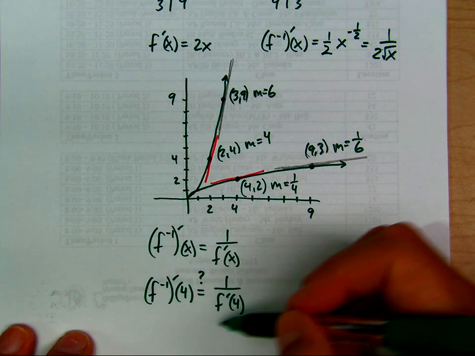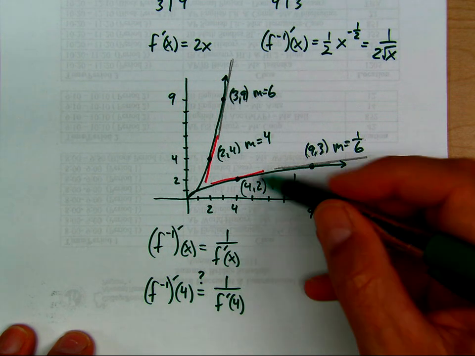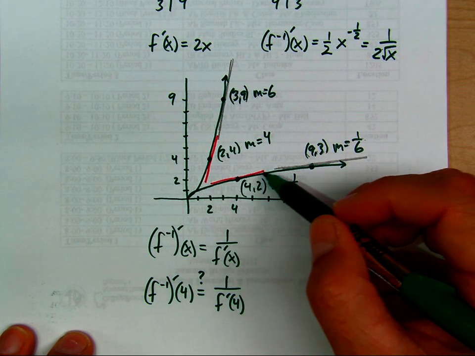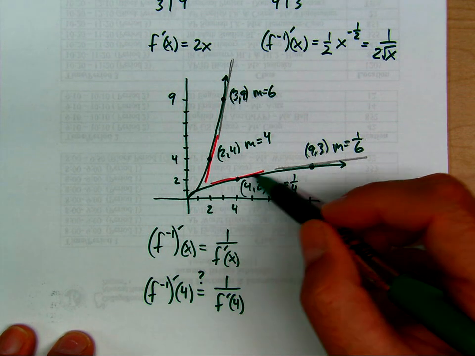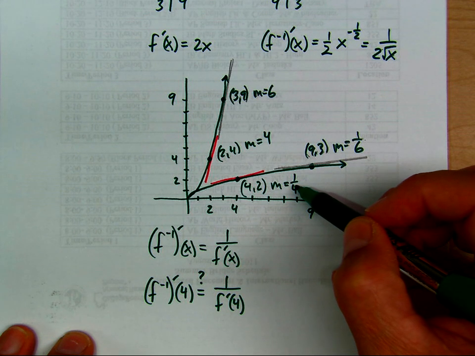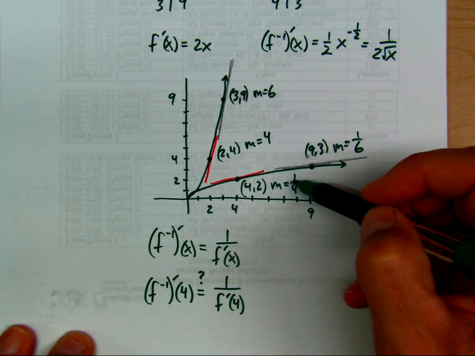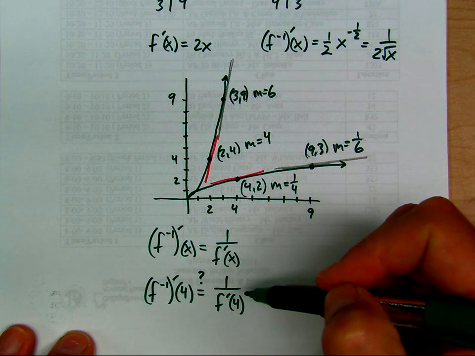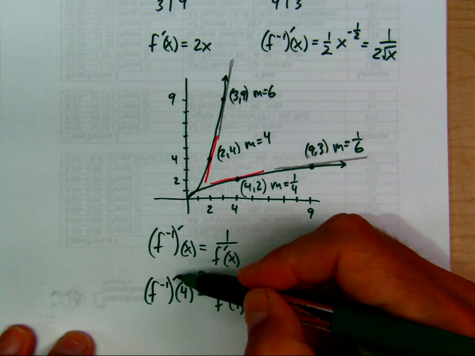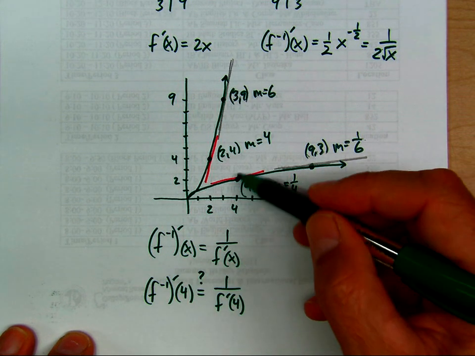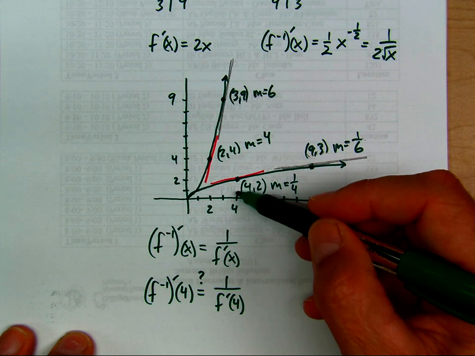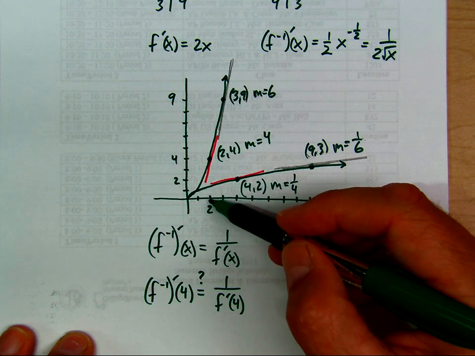So, what's the error here? When we look up here, the slope of this line is 1/4, and we know that the slope of this line is 4. We know they're related, but I want to find the derivative of the inverse at 4, and it's related to the derivative of the function at 2.